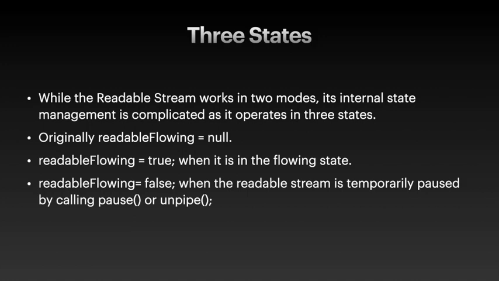The second one is readable flowing equals true, and this is when we've provided a way to consume this stream, so it's in a flowing state. Again, not necessarily that we've provided a proper consuming method, but it is in the flowing state. Then readable flowing equals false: the readable stream is paused temporarily by calling pause or unpipe.